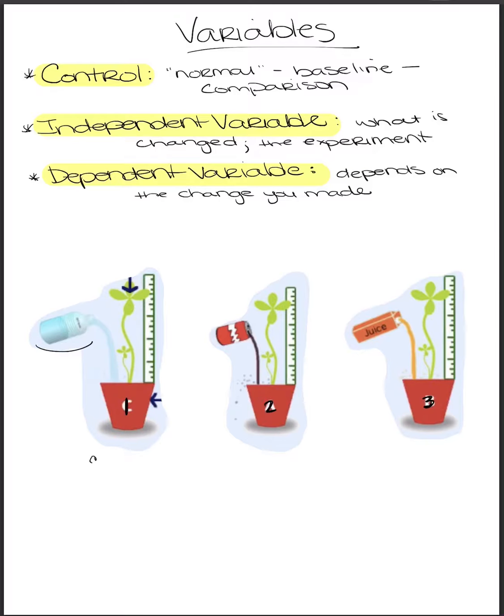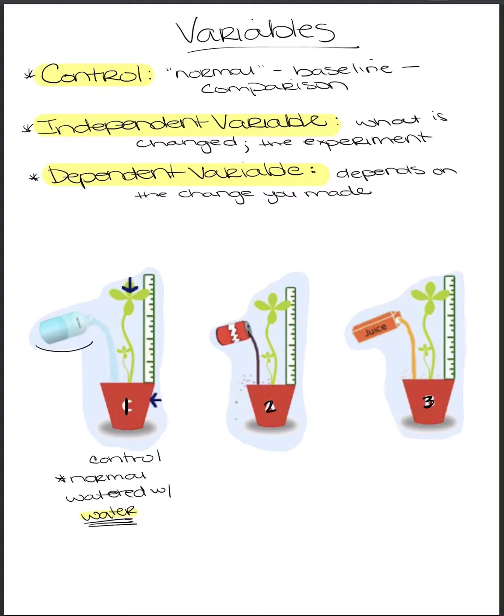So this one is going to be my control plant, because normally we water plants with water. So it's being watered with water. Water in this case is my control. So this is what we are going to compare everything else to.